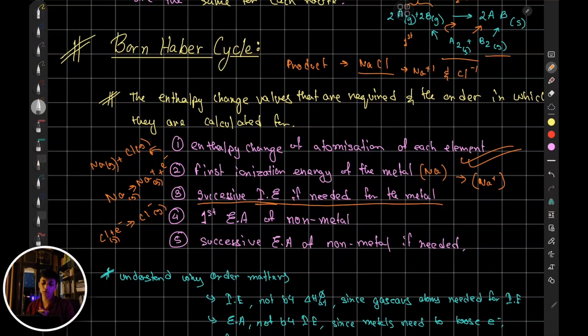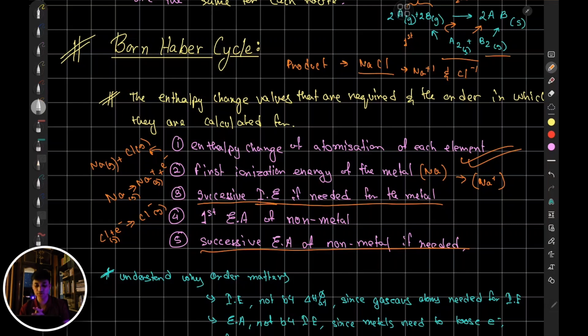Great. Now, similarly, for the anion, you may have elements which can form a charge greater than or lower than -1. For example, sulfur could have a charge of -2. Oxygen could have a charge of -2.